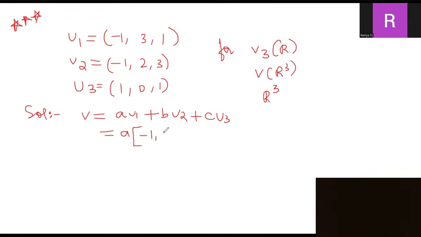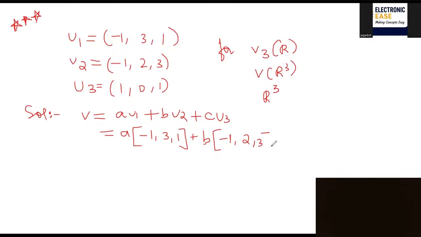Next, plus B into U2. What is U2? -1, 2, 3. Along with the sign you need to write -1, 2 and 3. Good. C into U3. U3 is 1, 0, 1. Did you understand this step? So V is equal to A into U1 plus B into U2 plus C into U3.